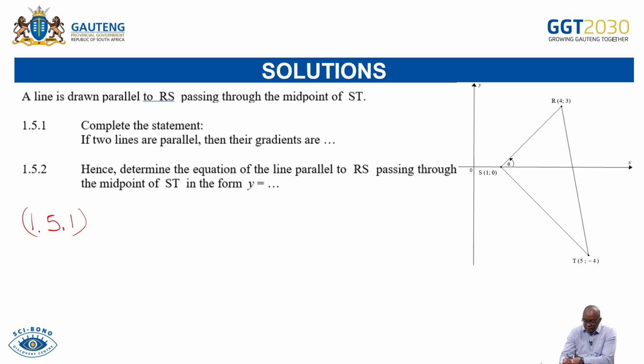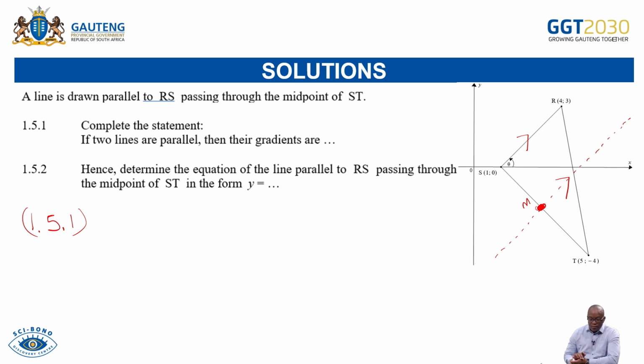So now we have a midpoint there, which is M. Then we have a parallel line passing through ST at the midpoint. But that parallel line is parallel to what? RS. That's what they are talking about.